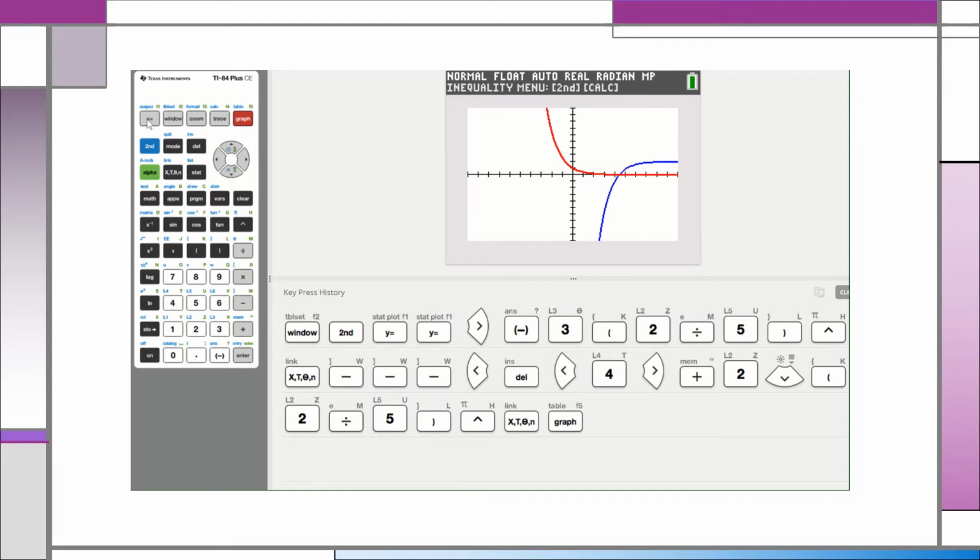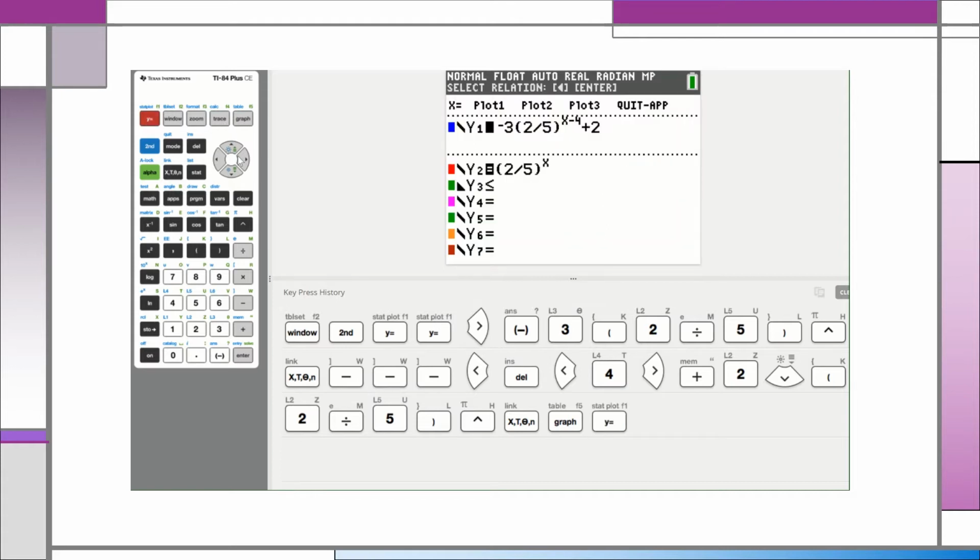Now let's do the other function and we'll be done. Our second function didn't have a negative on it.